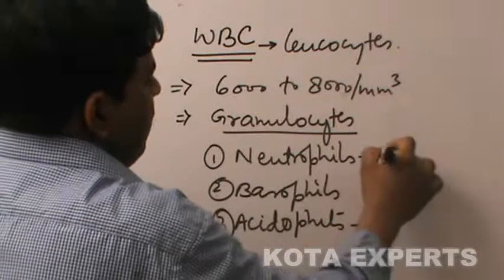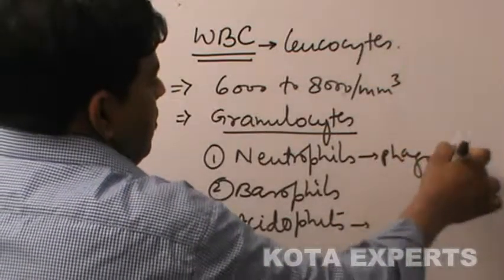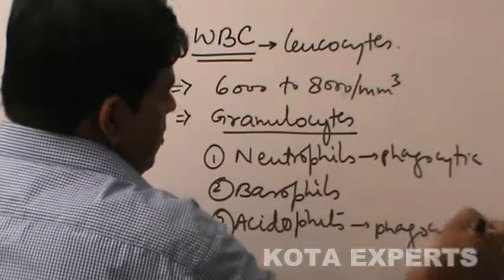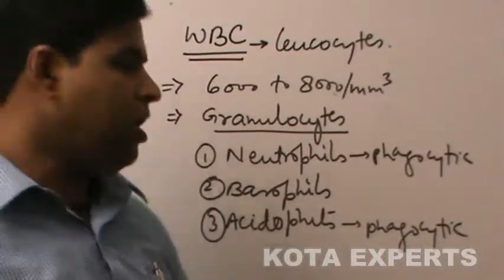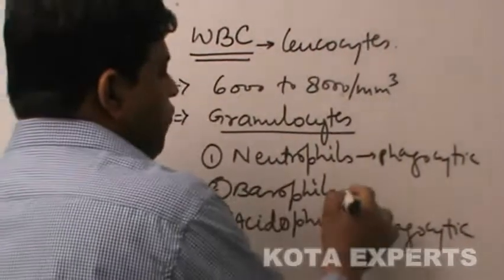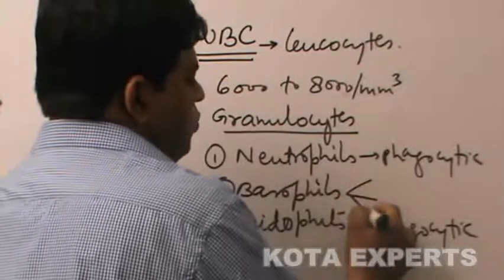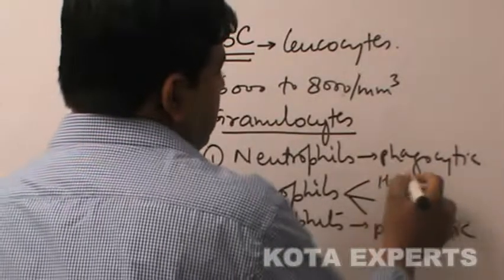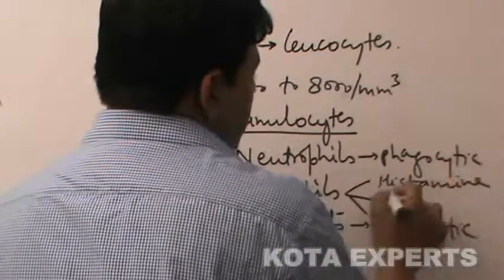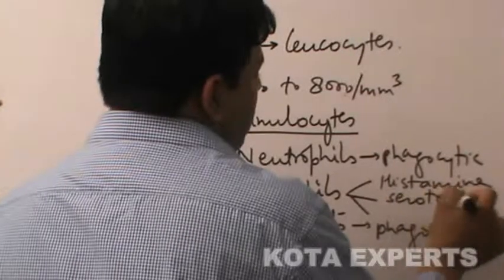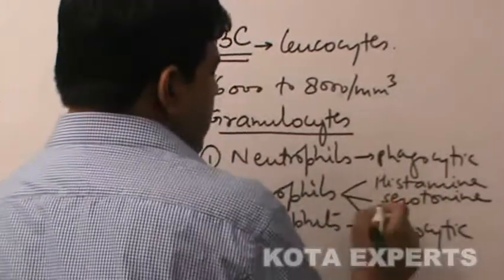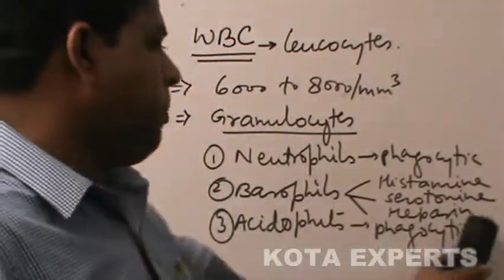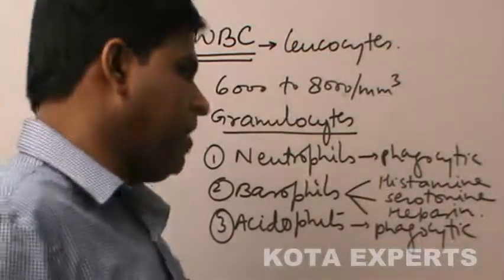Neutrophils and eosinophils are phagocytic, and the eosinophil number increases during allergy. Basophil produces three types of chemical substances: histamine, serotonin, which help in allergic reactions, and heparin. Heparin is an anticoagulant.